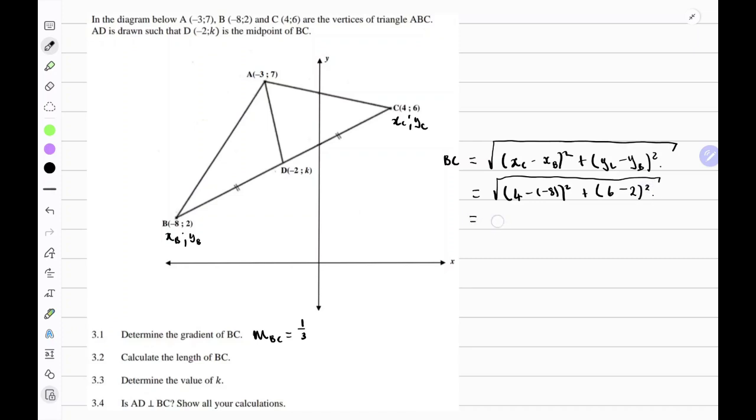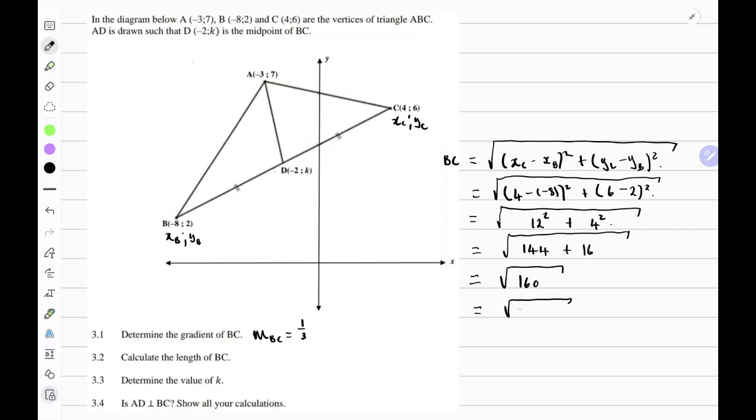Now we can reduce this. 4 plus 8 is 12, so this is 12 squared plus 6 minus 2 is 4 squared. This is equal to 12 squared is 144 plus 16, so the square root of 160. And 160 can be seen as 16 times 10, which is equal to 4 square root of 10.